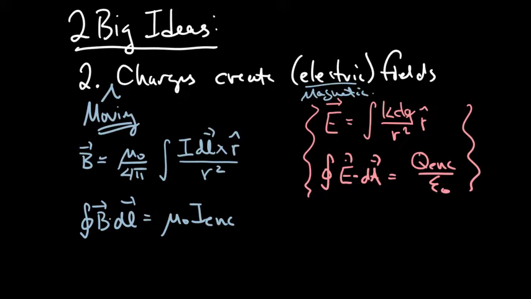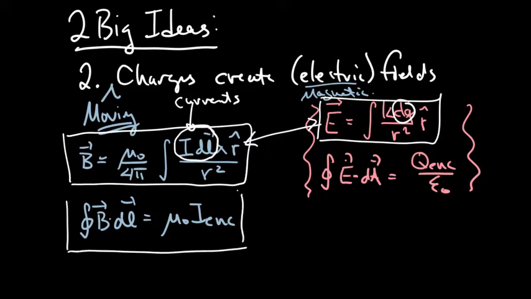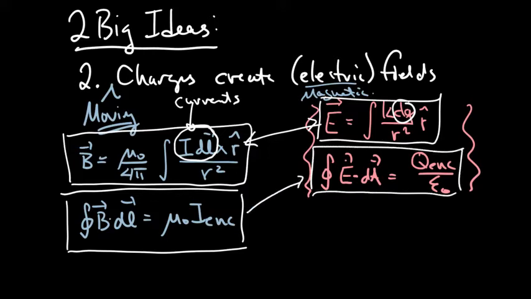We'll discuss this more in class, but I want you to see that there are parallels between this equation and this equation for magnetic and electric fields. Instead of our source being charges, our source is currents. And there's also a parallel that you can draw between this one and this one. We'll definitely talk about these in the upcoming two weeks.